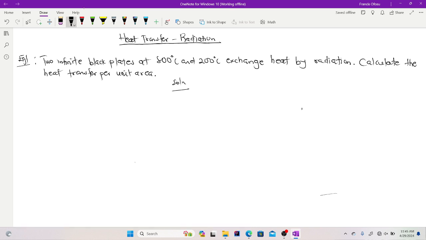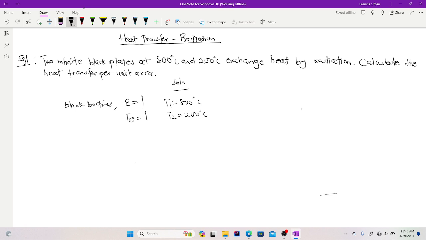The question says two infinite black plates, at 800 degrees Celsius and 200 degrees Celsius, exchange heat by radiation.